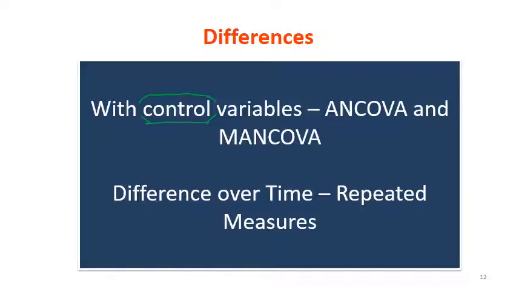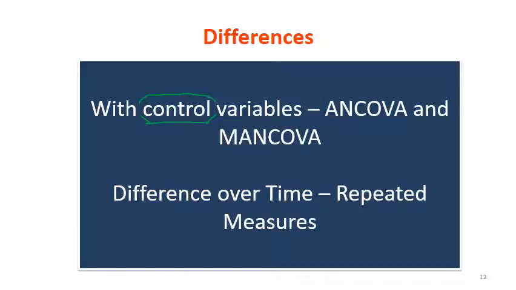Because we know that personal income could confound or have an effect on how much we can spend. So we might want to set that in as a control variable to control for the effects of personal income, to actually see if there is a difference in purchase intention.